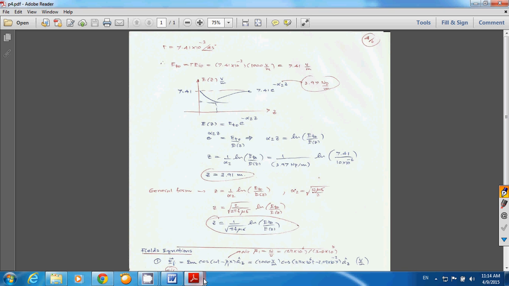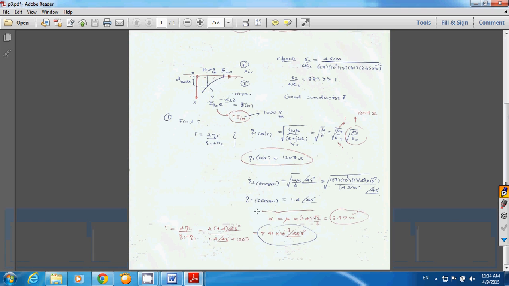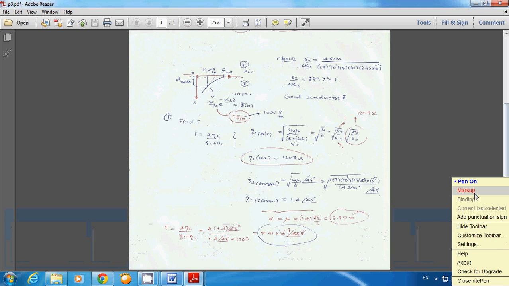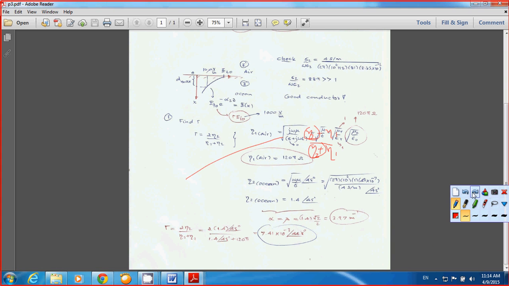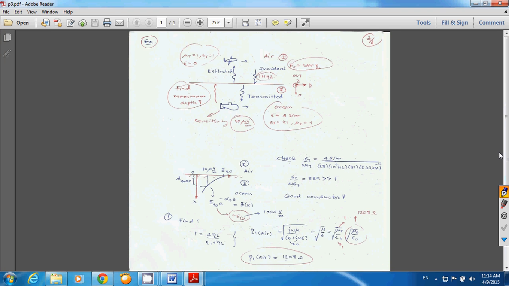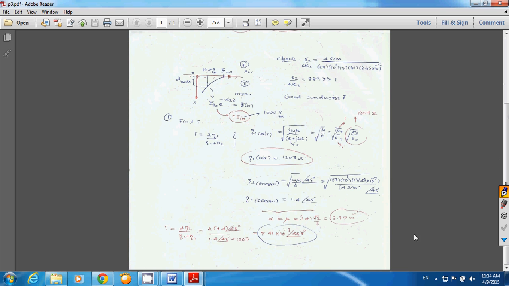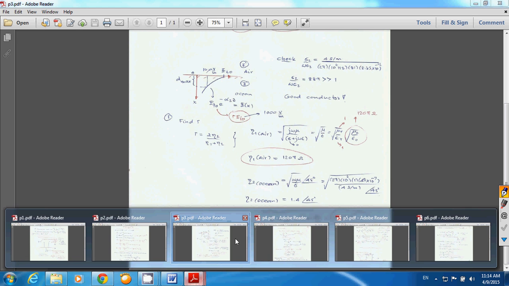Let's get back to page number 3. I'm not sure I worked it out for rho.